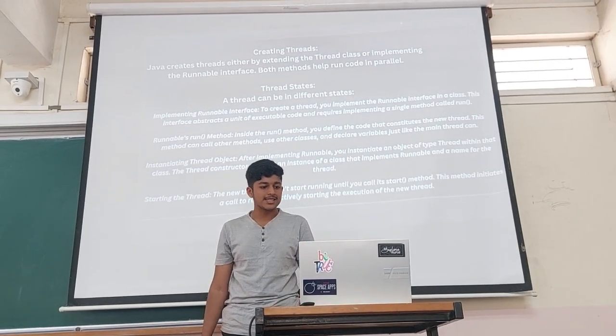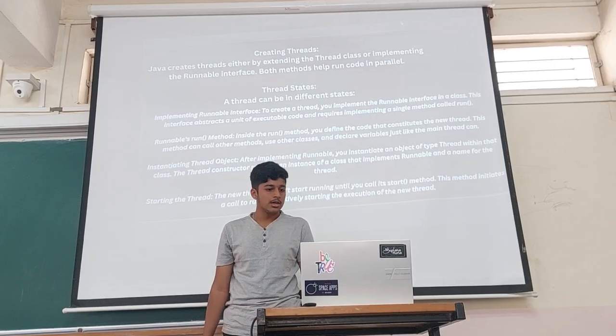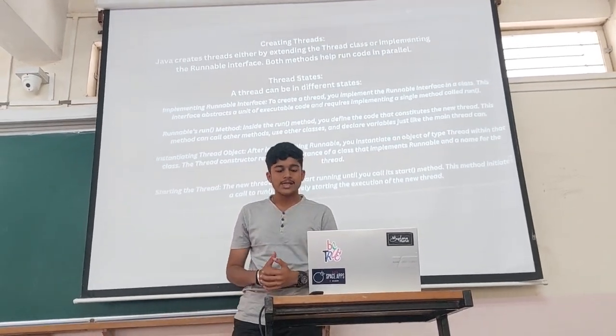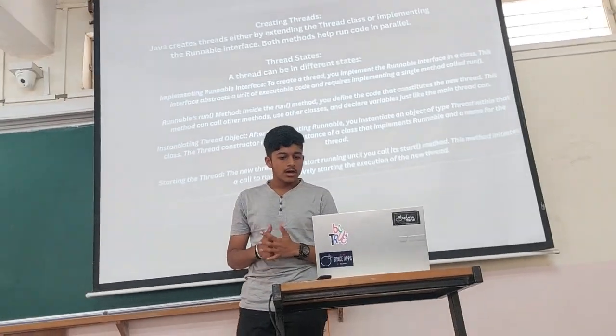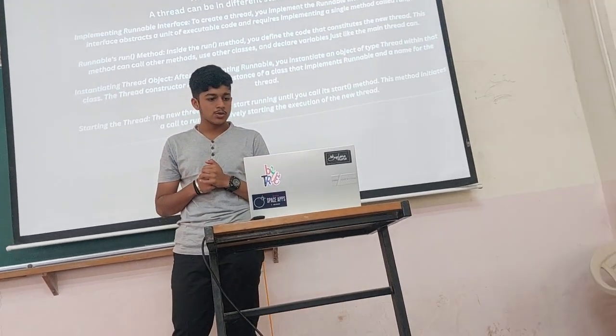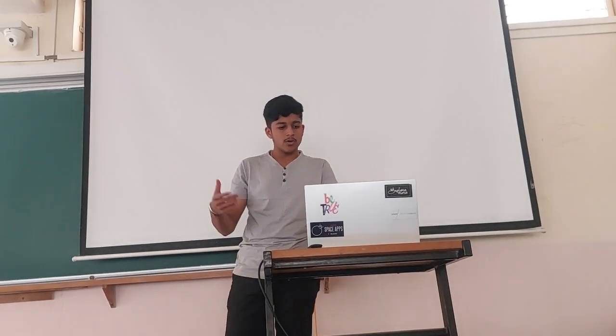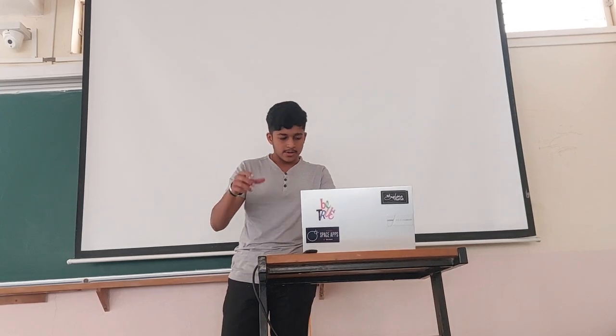This interface abstracts a unit of executable code and requires implementing a single method, run. So the third one is the run method. Before, in implementing Runnable interfaces, we saw the run word.